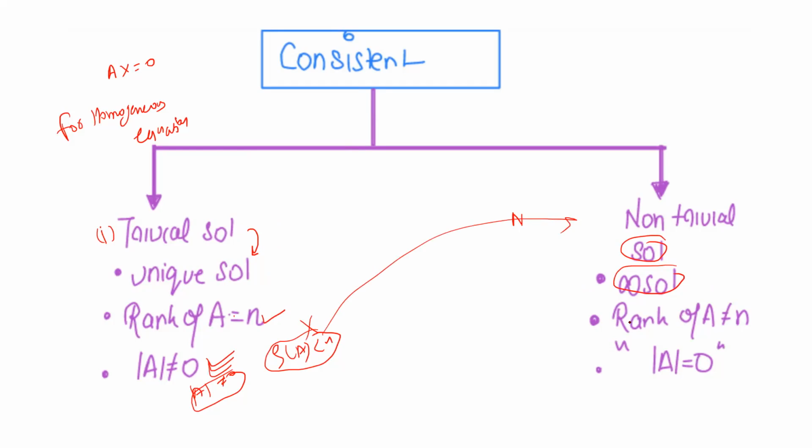In a non-trivial solution, the rank of A is not equal to n, so the rank of A can be less than n. In this case, |A| will be 0.